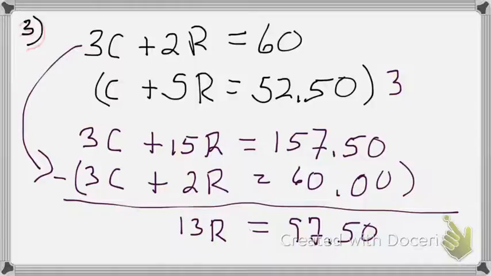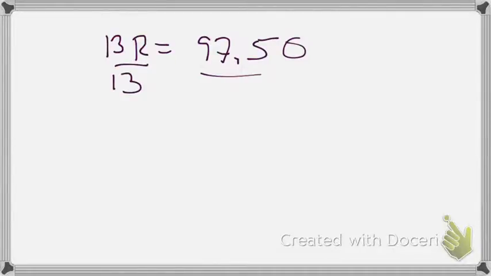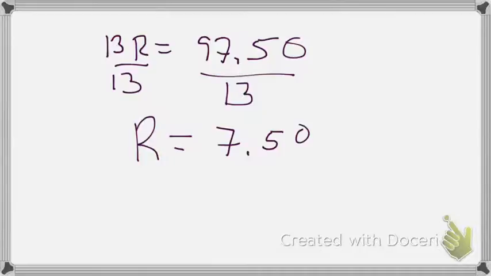Okay, so that gives us 13R equals 97.50. And if I divide each side by 13, R equals 7.50.